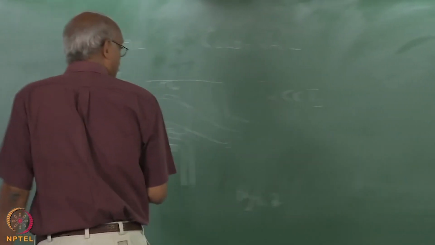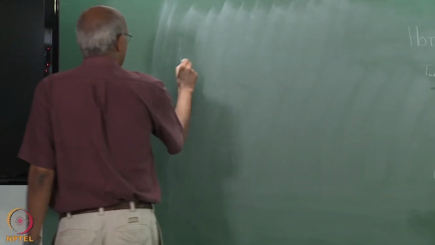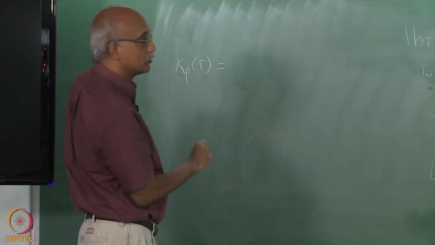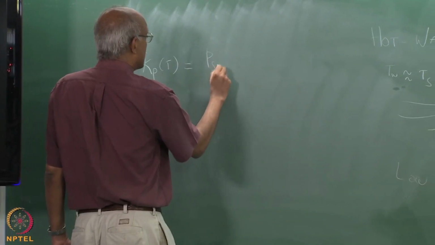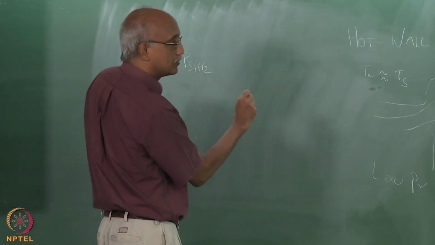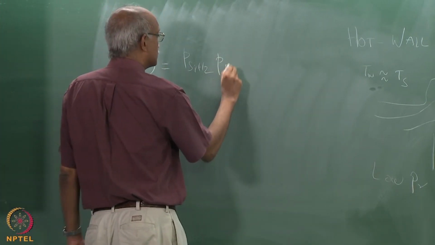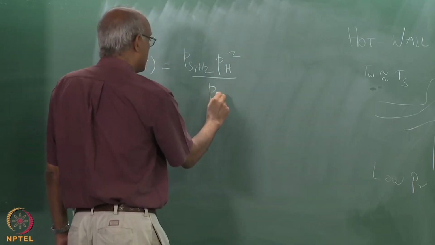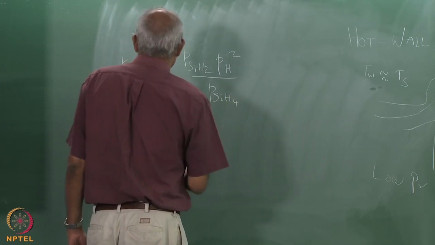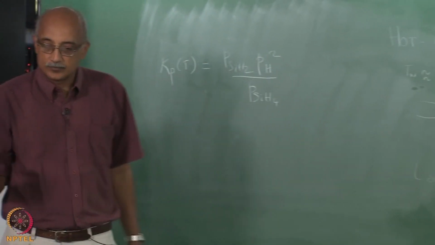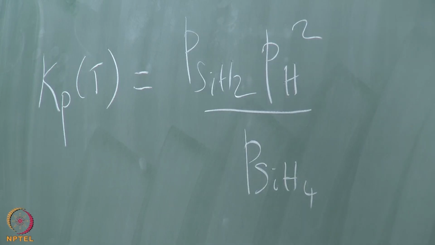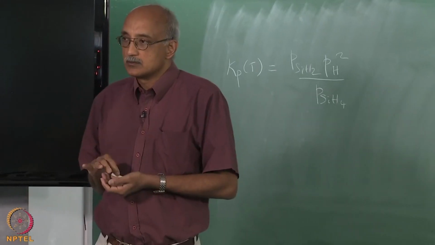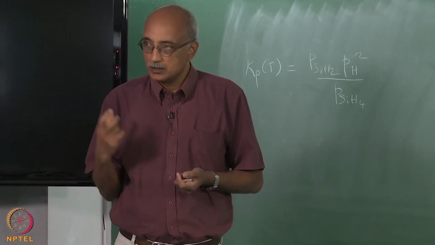So, you can write some Kp, a function of temperature, equals P SiH2 times pH squared over P SiH4, where this Kp you can write as some Kp0 exponential minus delta G by kT. So, you can actually calculate the rate constant from the thermodynamic properties of the reacting species.